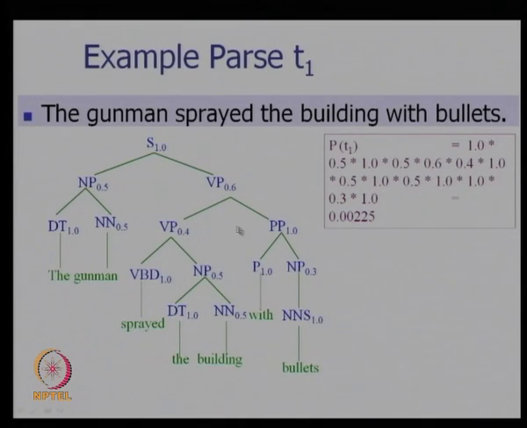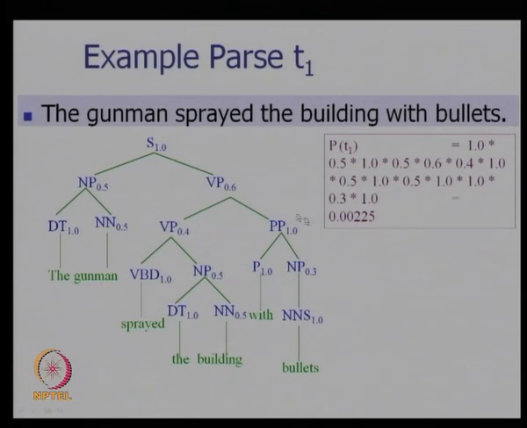Here the preposition phrase is attached to the verb: with bullets is attached to spray. The verb phrase consists of a past tense verb VBD, sprayed, and a noun phrase DT NN, the building. So, sprayed the building is the verb phrase and the building is the object for spray. With bullets is the preposition phrase attached to the verb.